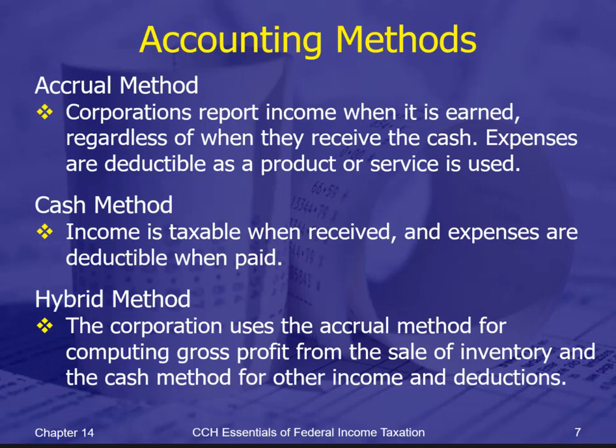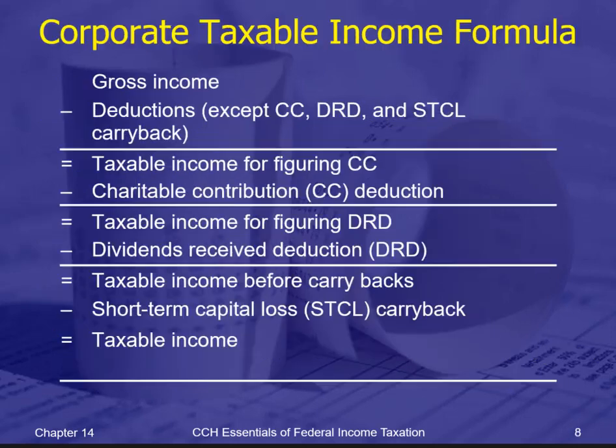The term C refers to the actual part of the tax code where the rules are with regard to these types of corporations. They can choose the accrual method, the cash method, or what's called the hybrid method, which is used an awful lot: the accrual method for the sale of inventory, and then for other income and deductions, treat it like the cash method. That gives you the best of both worlds, and probably is the most likely to reflect the actual income that you have as a corporation.